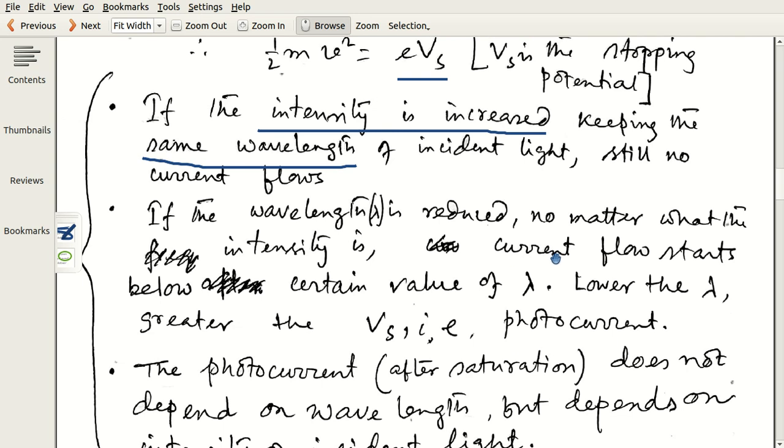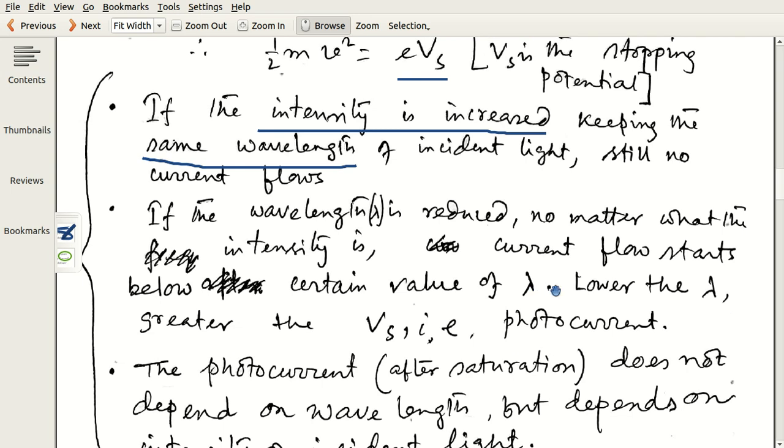That means no photoelectrons are emitted, and you now reduce the wavelength, and just below a certain value of lambda the current will start flowing, and if you now want to stop the current, you have to reverse the battery and then employ the stopping potential. From there you know what the lambda is and what the stopping potential is.